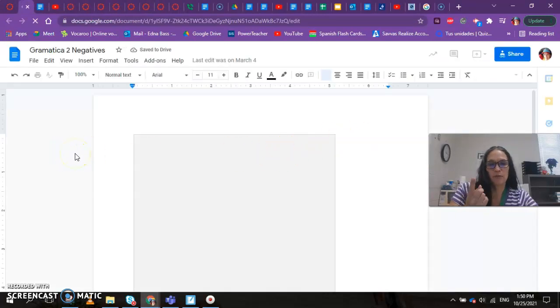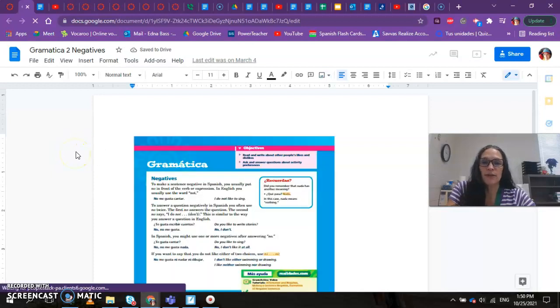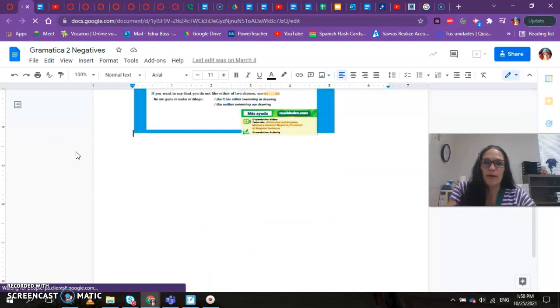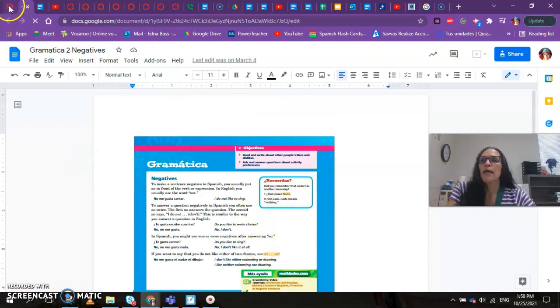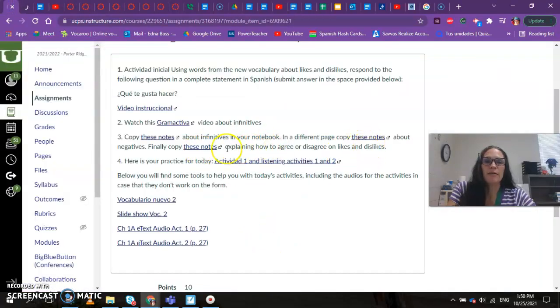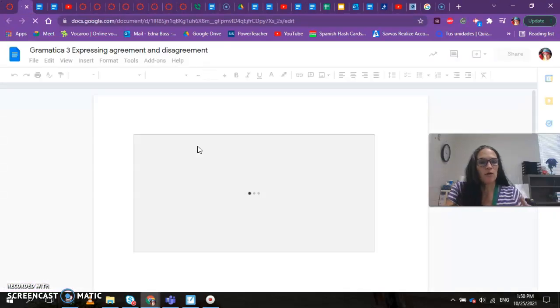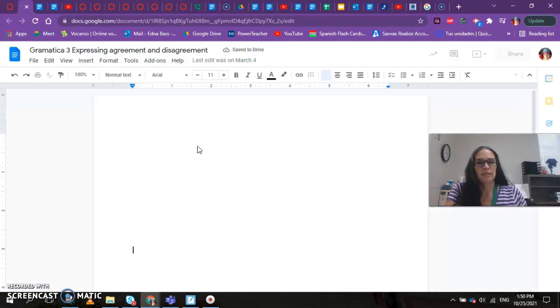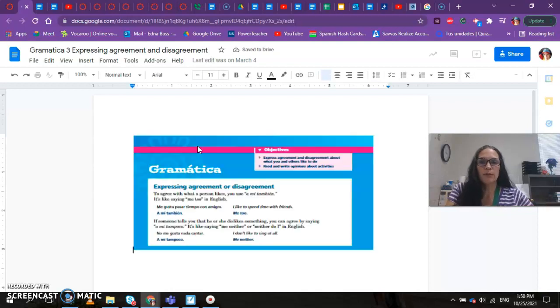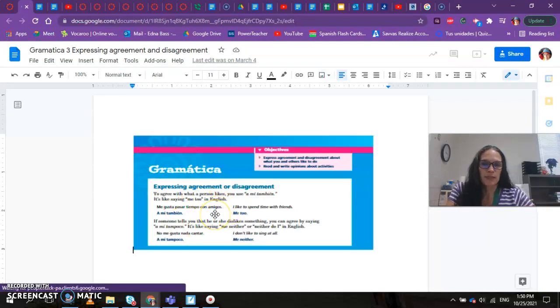The first one's about infinitives. This one is about negatives. You copy everything, yes, with examples. And then you're going to copy these other notes. So this is all the stuff that we're going to be seeing in these 6 weeks, but I want you to have it in your notebook. This is expressing agreement or disagreement.